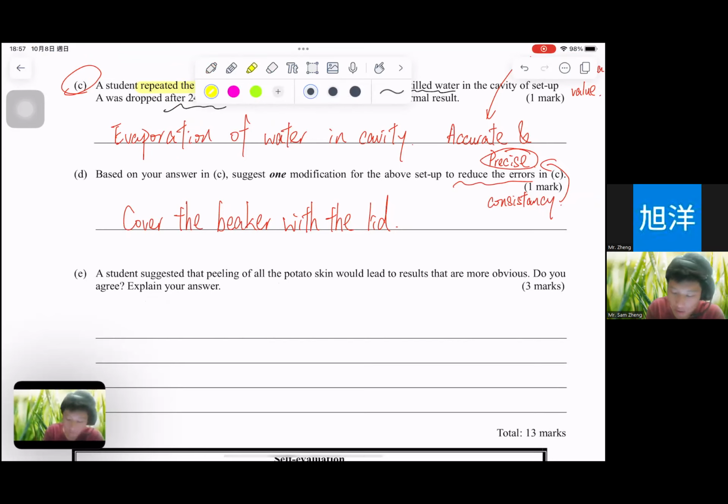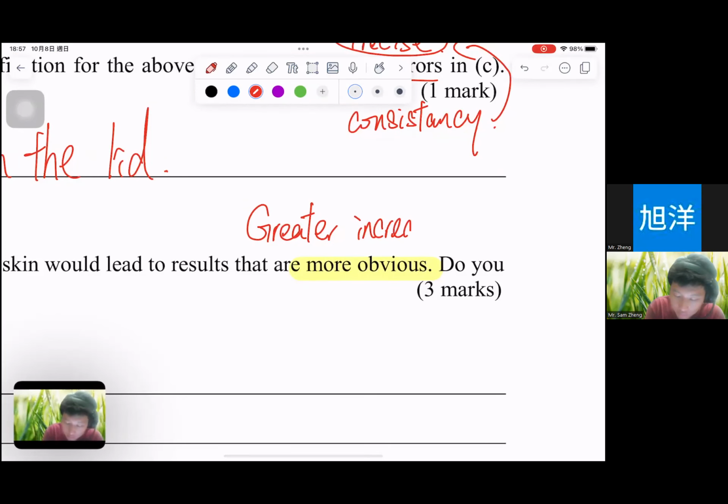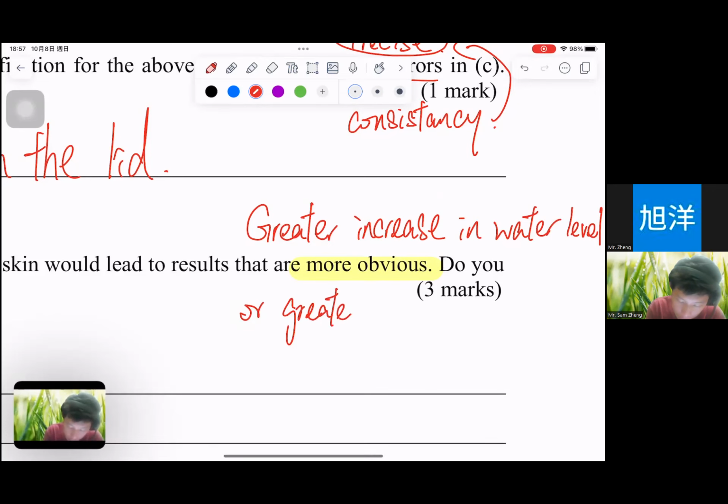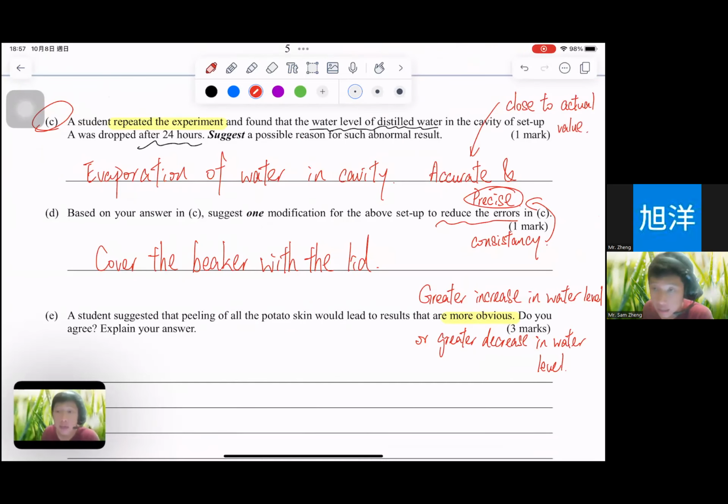Here, "obvious" in fact relates to whether there will be a greater decrease in water level, rather than the result being reached very fast, or reaching the same result in a shorter period.